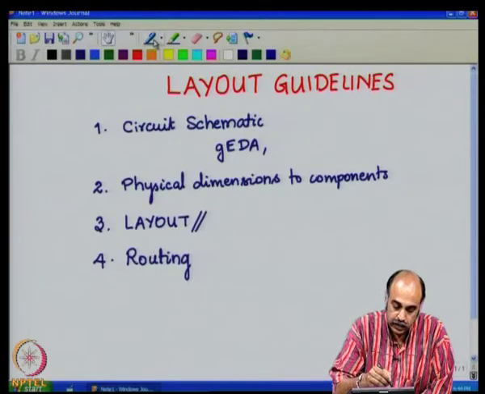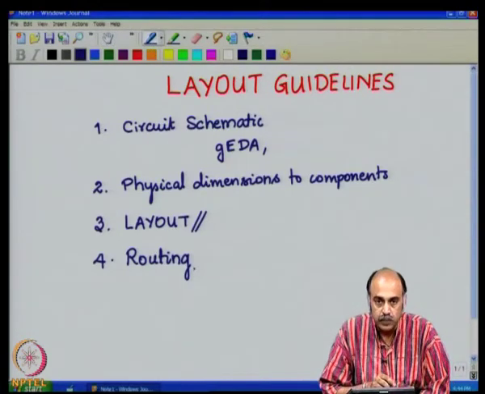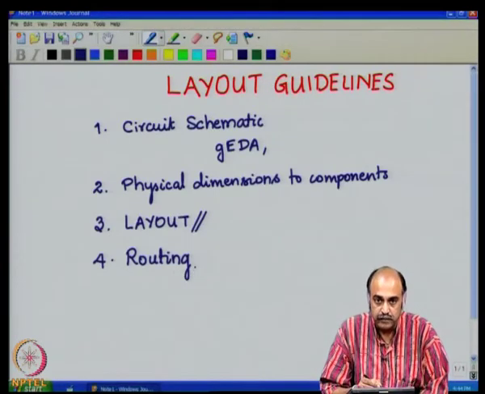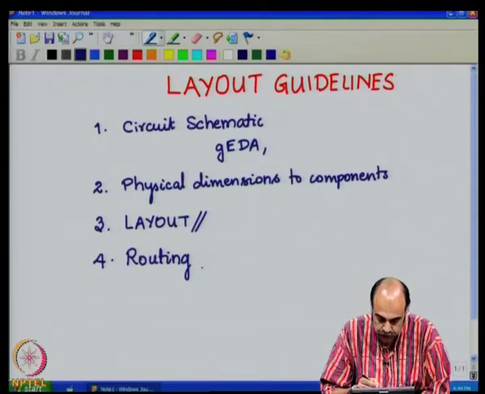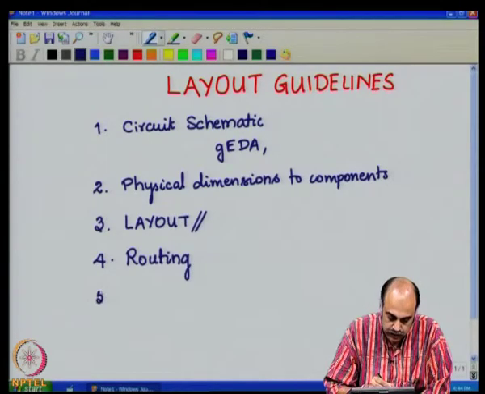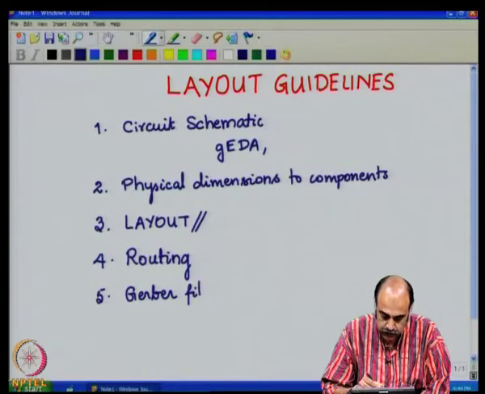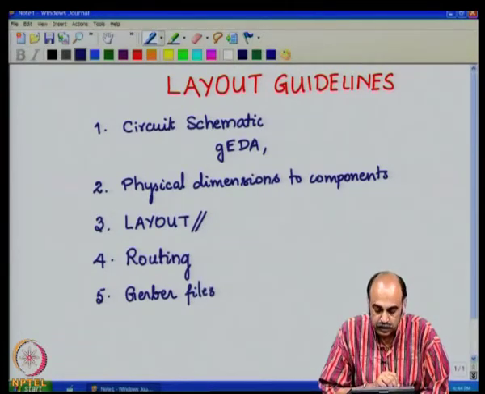So, the routing can be done manually or by auto routing, but we generally recommend that you do the routing manually to actually fix many of the problems. And then of course, you will be generating the necessary files called the Gerber files, which will go for the fabrication of the printed wiring board.